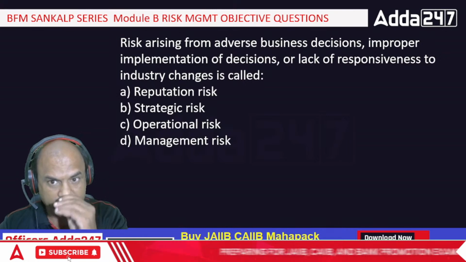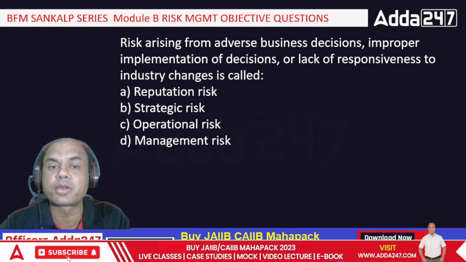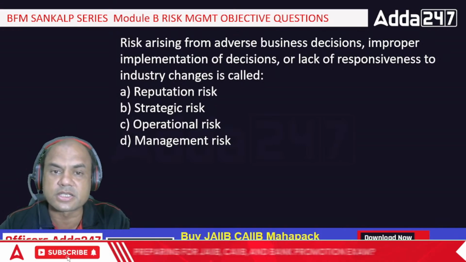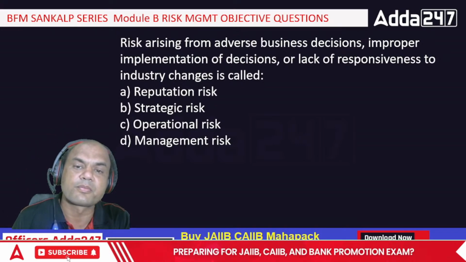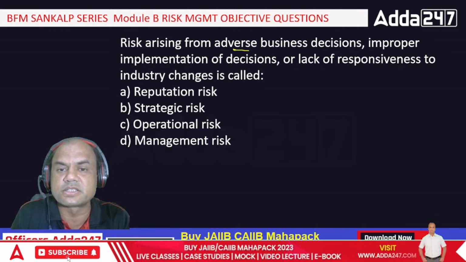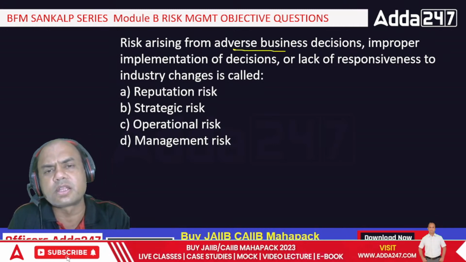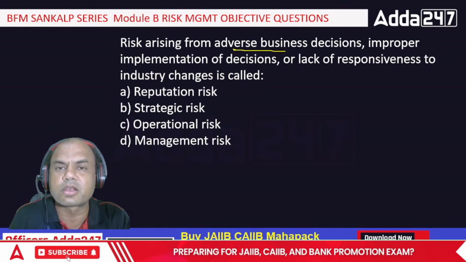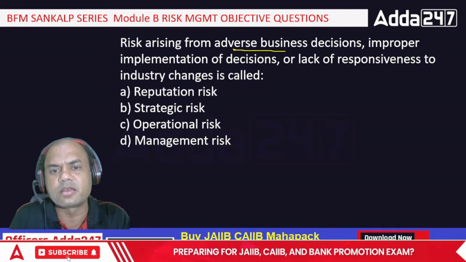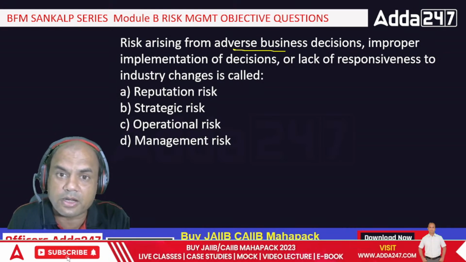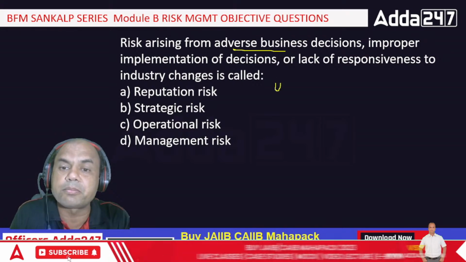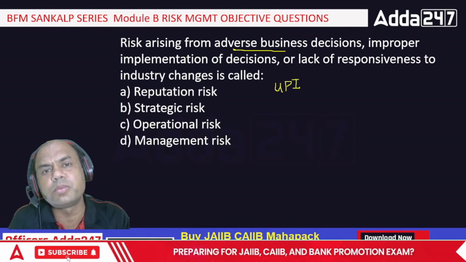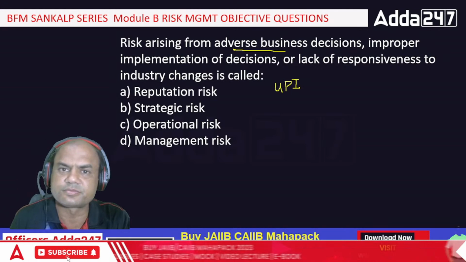Risk arising from adverse business decisions, improper implementation of decisions, or lack of responsiveness to industry changes is called what? Adverse business decisions means you don't take the decisions properly. For example, suppose you are working in a bank and your bank is not prepared right now for giving UPI payments, then tell me, will you be in business at the present age?